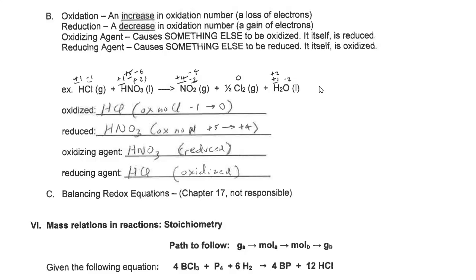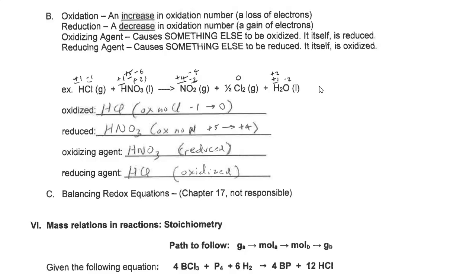If you see an element on one side of the equation, and then you go to the other side, and the oxidation number has become more positive, or you can think of it in terms of less negative, when we say increase, then that substance is being oxidized. Reduction is a decrease in oxidation number. So in other words, it's becoming less positive or more negative. You can think of it that way as well. All right, got that straight in your head?